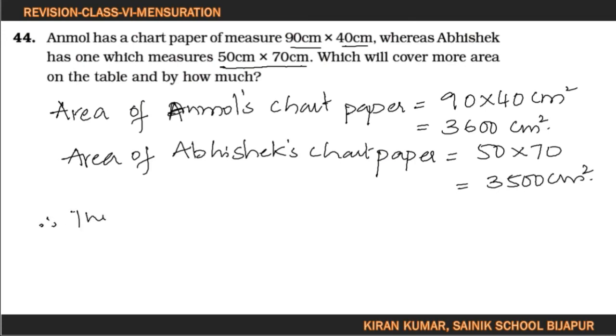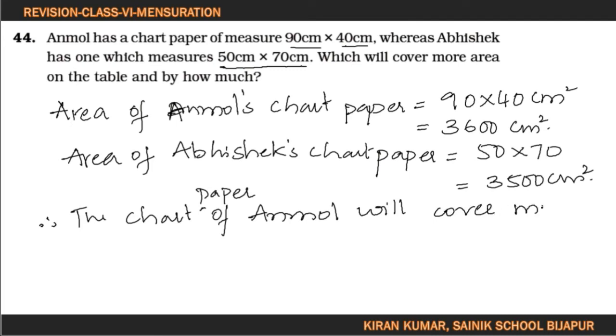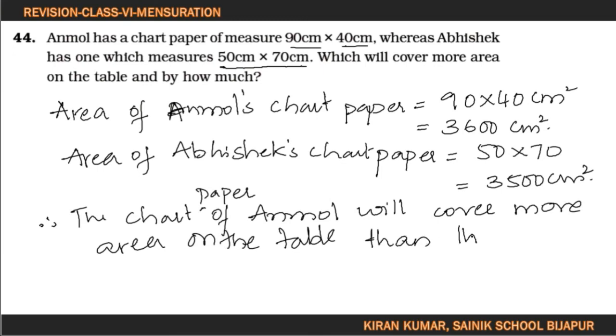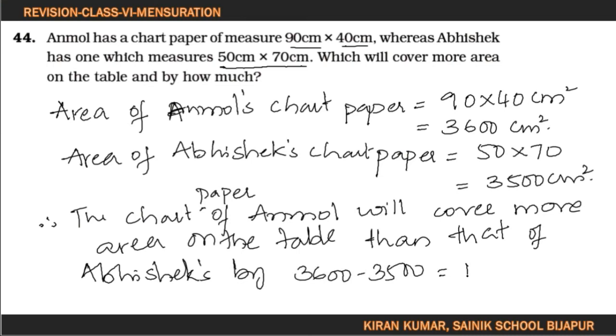Therefore, the chart paper of Anmol will cover more area on the table than that of Abhishek's. We should subtract, and we will be getting the difference as 100 centimeter square.